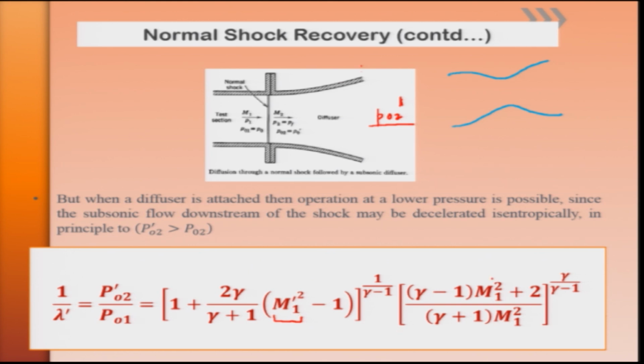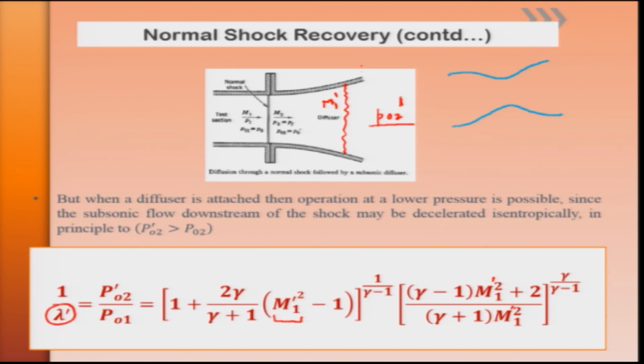In this expression, please note that M1 dash is the Mach number at the shock location, because as soon as you attach a diffuser here, the shock wave which was standing here moves into the diffuser, somewhere at this location. So M1 dash is the Mach number at this location across which this expression is written.